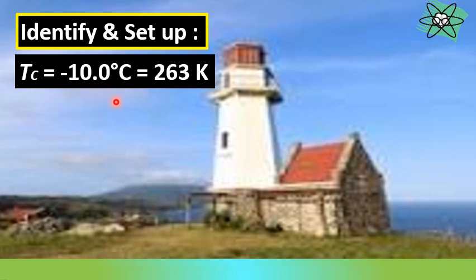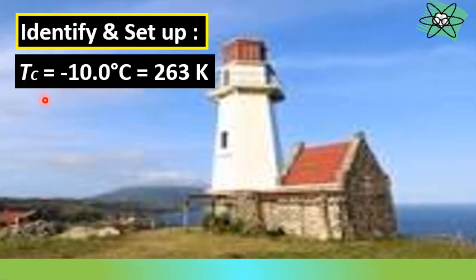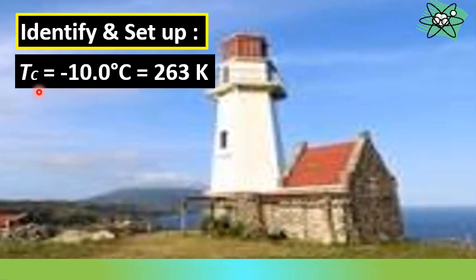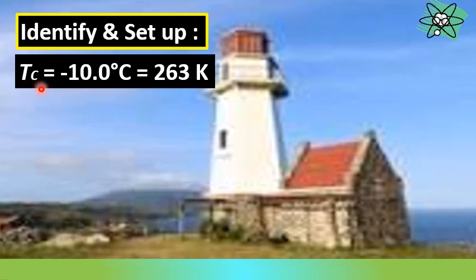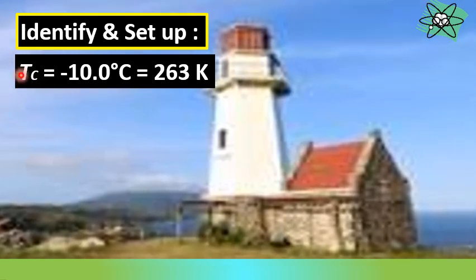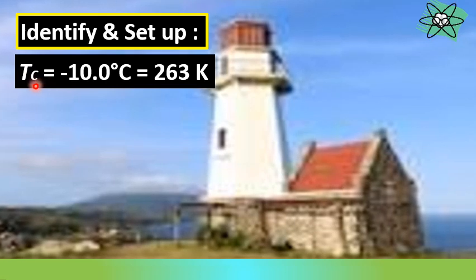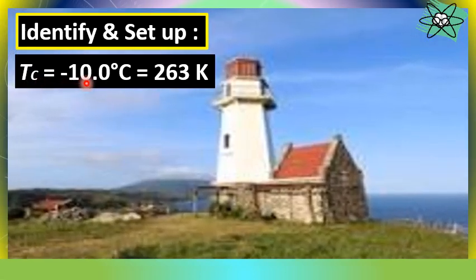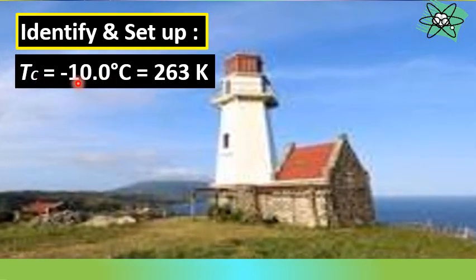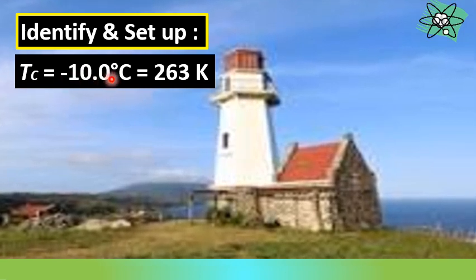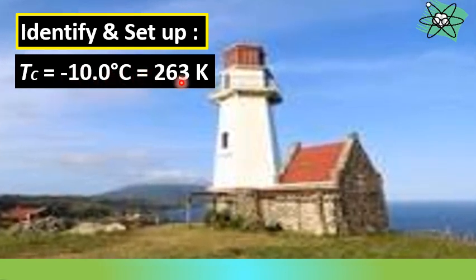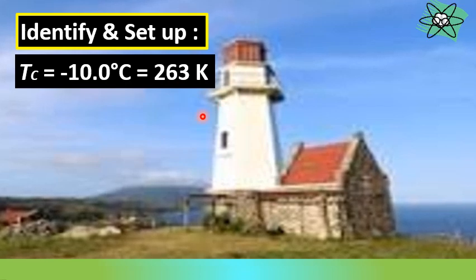So in problem number one, we're given the temperature in the cold reservoir, denoted here by capital T sub C. This is the temperature inside the refrigerator, and it is equal to negative 10.0 degrees Celsius, or that's equivalent to 263 Kelvin.